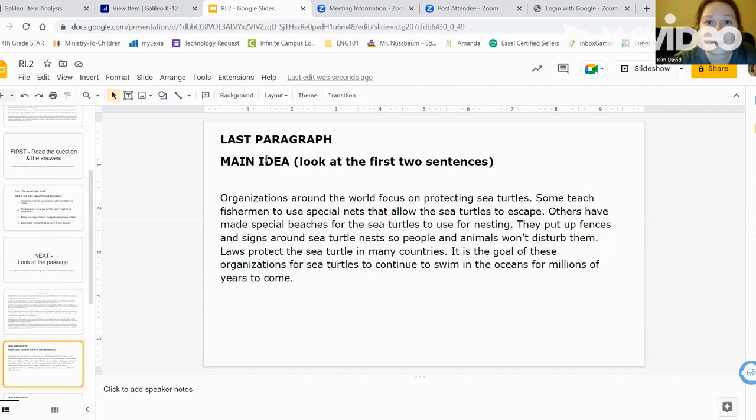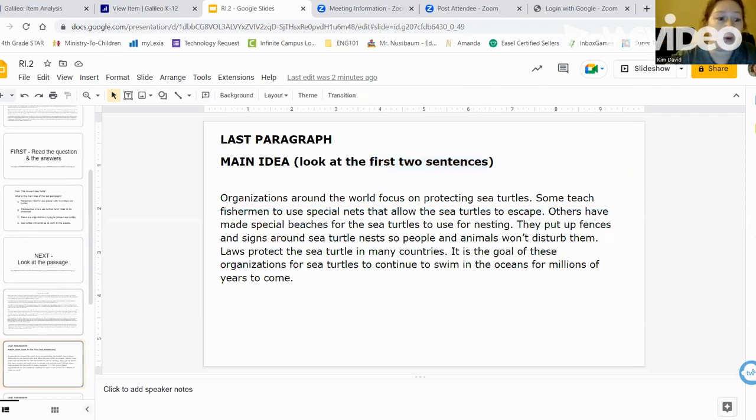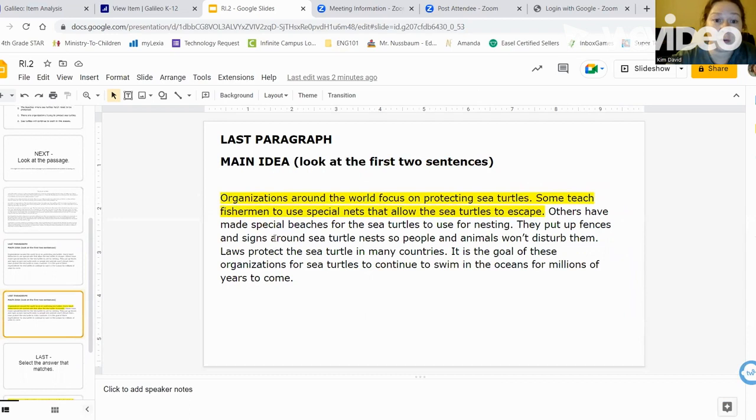And one of the things that we are noticing is that often the main idea is in the first 2 sentences of the paragraph. So we may not even need to read the entire paragraph. What we may need to just do is what I did here, highlight the first 2 sentences.